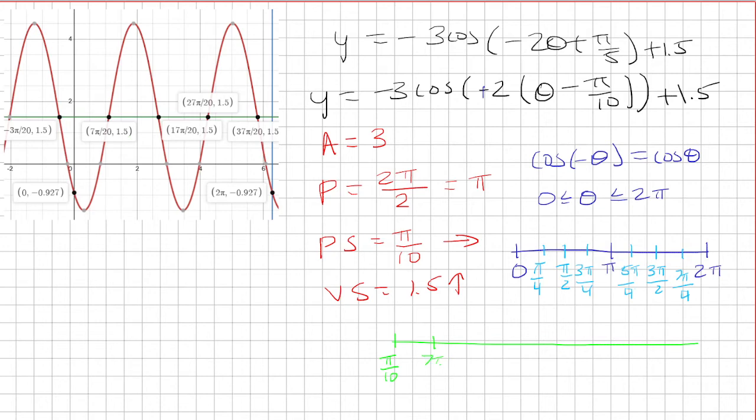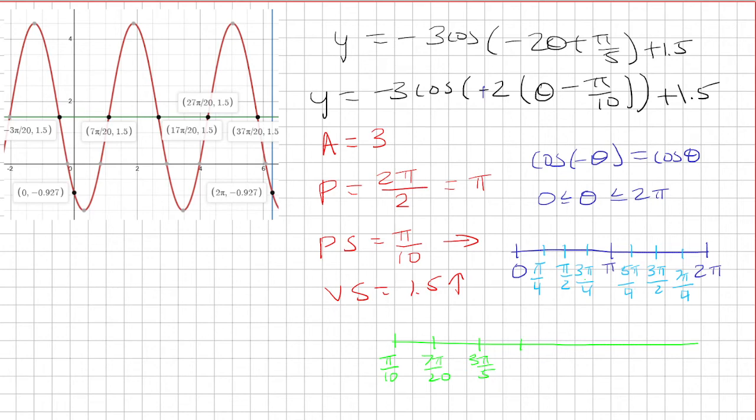So you can do the calculation yourself. You want to add pi over 2 to pi over 10. You can think of pi over 2 as 5 pi over 10, plus pi over 10 is 6 pi over 10, which is 3 pi over 5. So that's going to be 3 pi over 5.